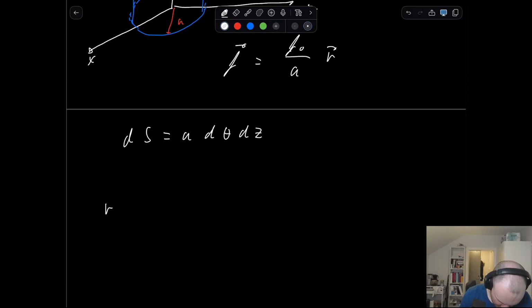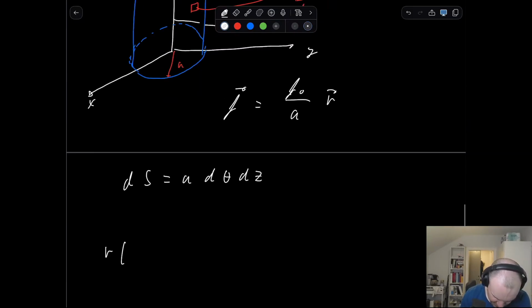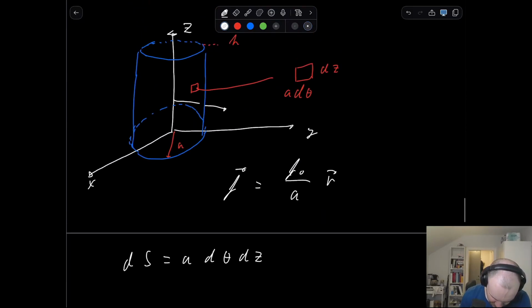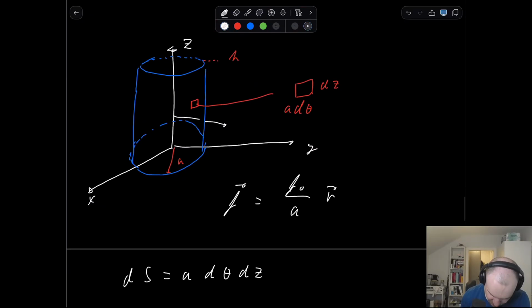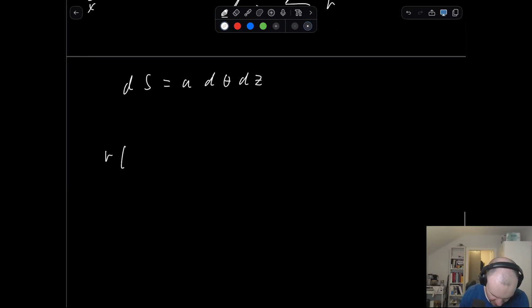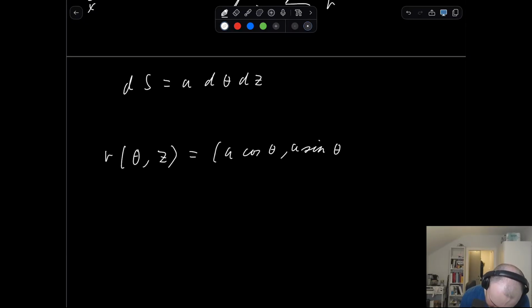You can just parameterize r. We can jump from 3 to 2 dimensions because we have a constant a here, so I can just write this as a function of theta and z. The x value would be a cosine theta, the y value a sine theta, and the height is just z. So just 2 coordinates like that.